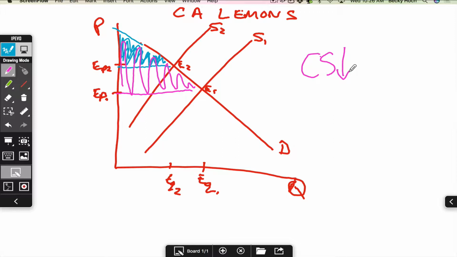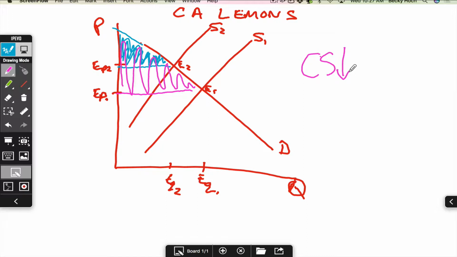You would say, as a result of a change in the number of sellers in the market, the supply of lemons in California decreased, resulting in a decrease of consumer surplus. Because I didn't ask you about equilibrium price or quantity, right? Just resulting in a decrease in consumer surplus. Boom. Now you gotta finish the rest of the problem. Lemonade. That's the next part of the problem.